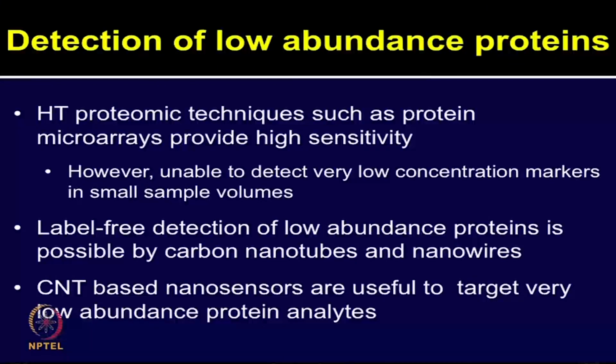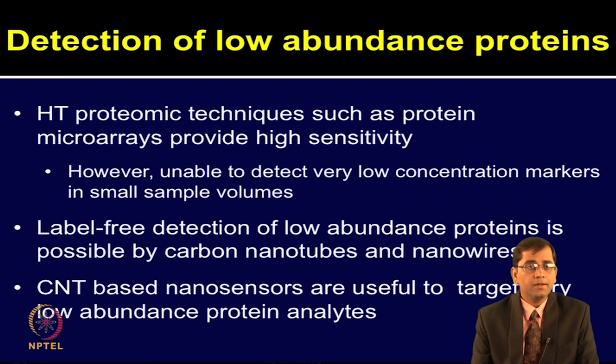In proteomics, detection of low abundance proteins remains one of the major challenges. The high throughput proteomic techniques such as protein microarrays and various label free platforms provide good sensitivity, but when we are screening the biological fluids for detection of very low concentration biomarkers in very small sample volumes, it becomes extremely challenging.